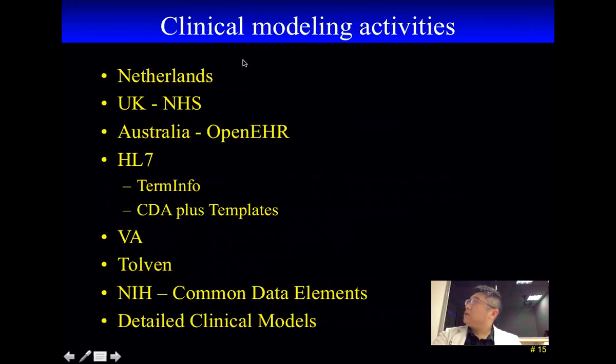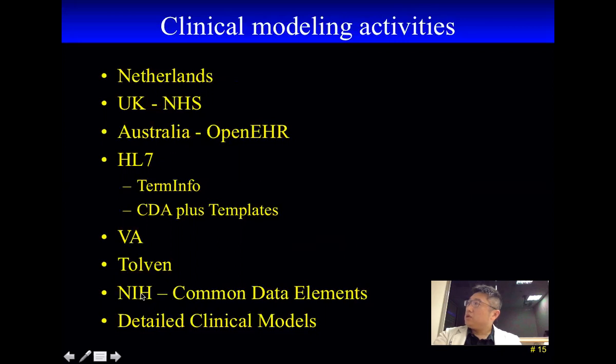Here we have the Netherlands, and the UK, the famous one, NHS. Australia has openEHR. HL7 has CTA, and Intermountain created a detailed clinical model.